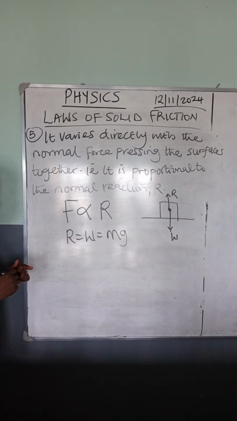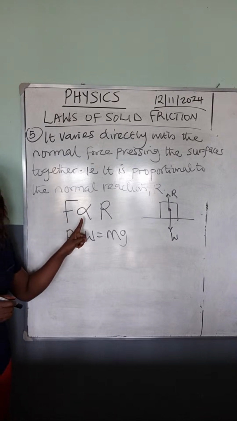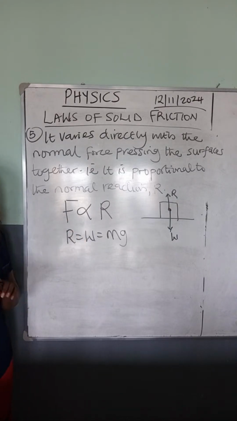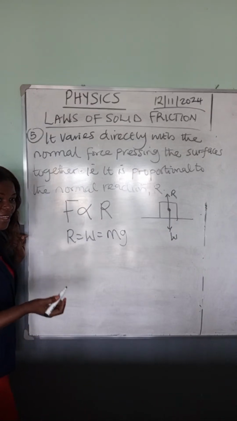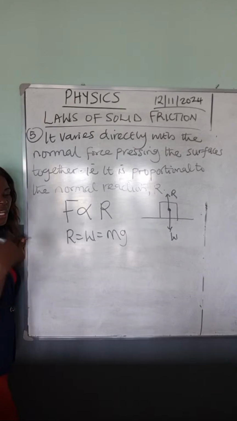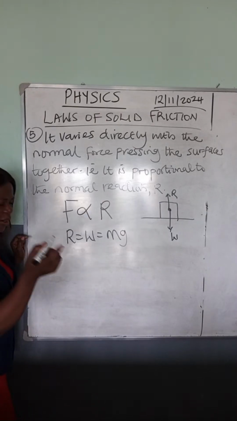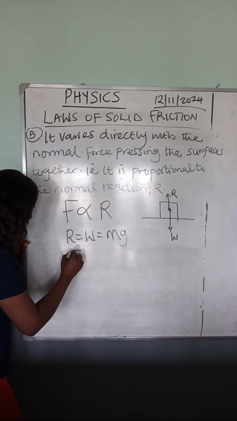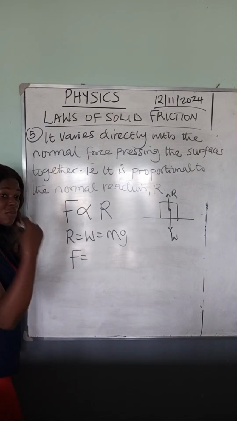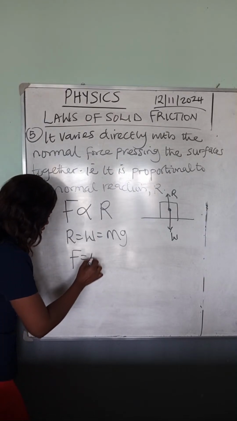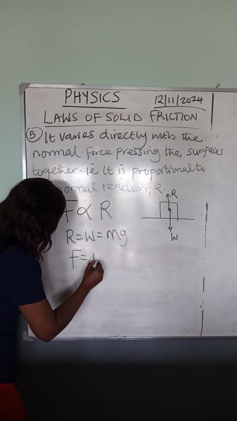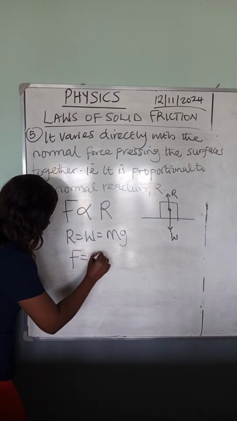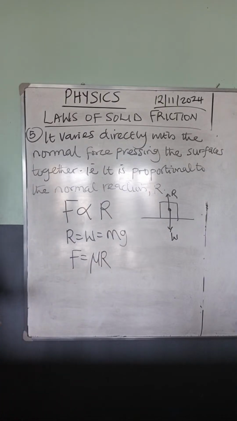Do you understand? Remember, in every proportionality sign in physics, you must remove it and introduce a constant. So F is equal to K R, but we don't use K all the time, so I'm going to use mu. Now this is a constant.